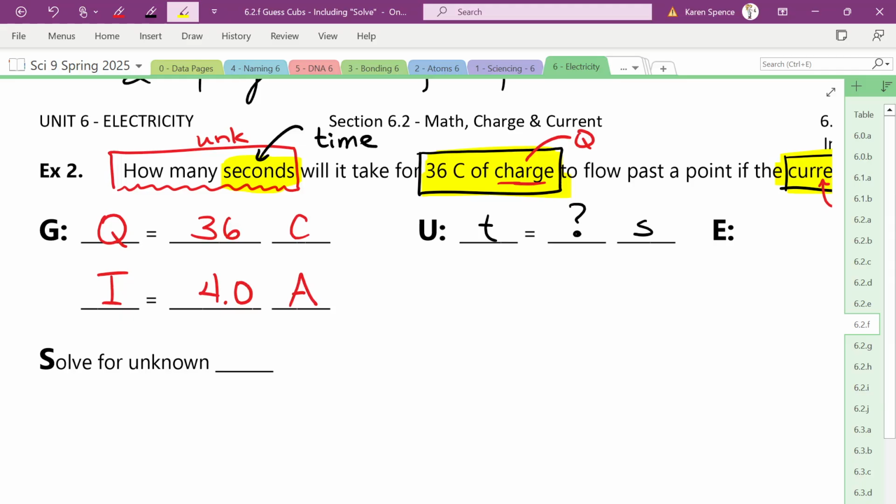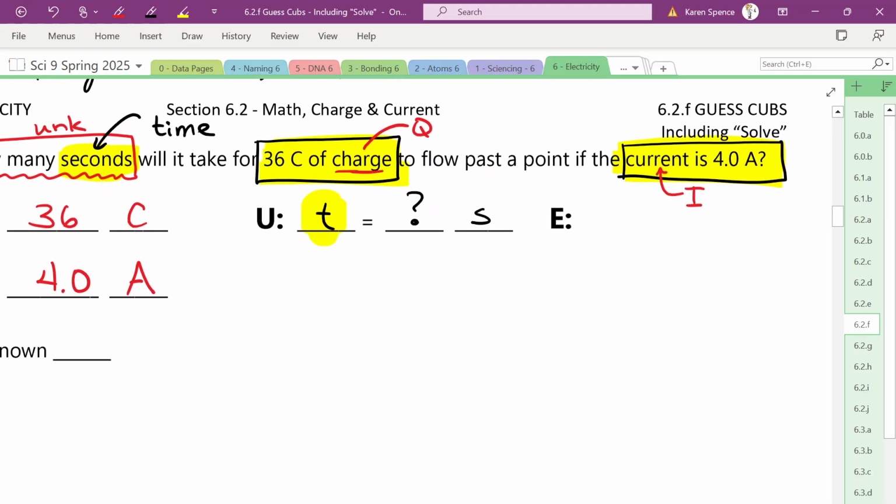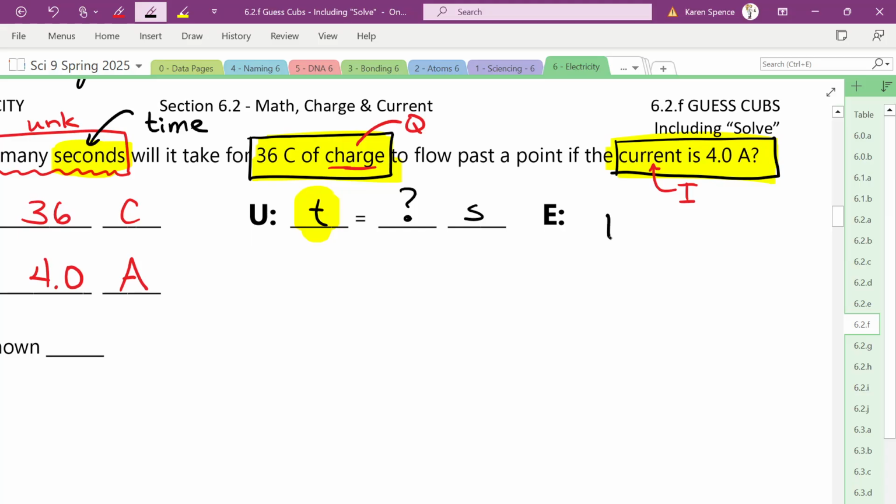Then you get to look for the formula on your purple sheet that involves Q and I and T. It's really the only one we've done anything with so far. So we're doing I quit, that's our I quit formula. I equals Q over T.